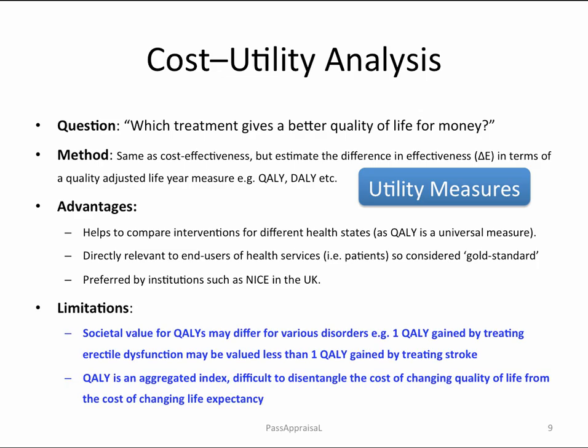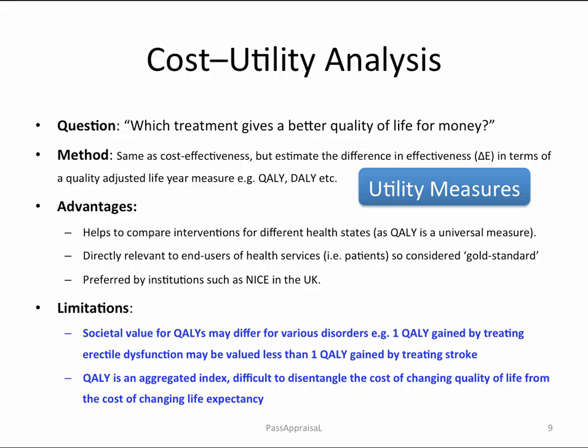It is important to note that the value placed by the society for QALYs may differ for various disorders. For example, one QALY gained by treating erectile dysfunction or alcohol abuse may be valued less than one QALY gained by treating stroke or schizophrenia.